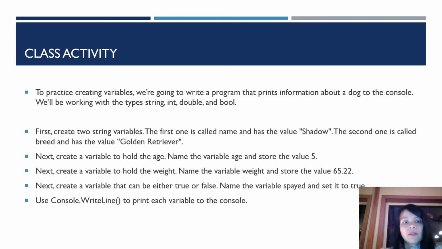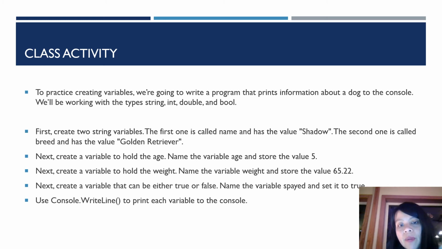All right, so, class activity. To practice creating variables, we're going to write a program that prints information about a dog to the console. So we'll be working with types like string, integer, double, and boolean. First, I want you to create two string variables.